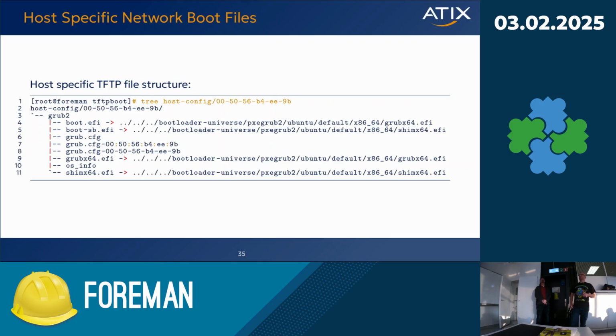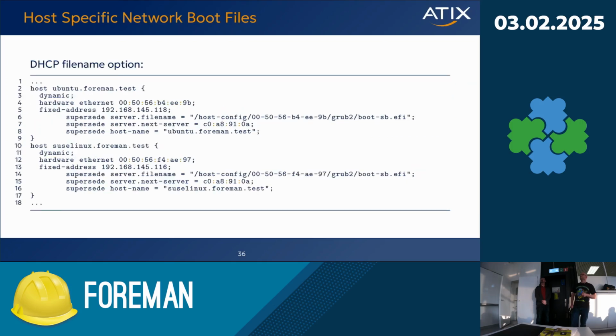In practice, you can simply click enter build mode, exit build mode, because currently there is no rewrite TFTP structure button, and then the symlinks get updated. And here we can see the DHCP file name option, DHCP leases, pointing to the host config directory.